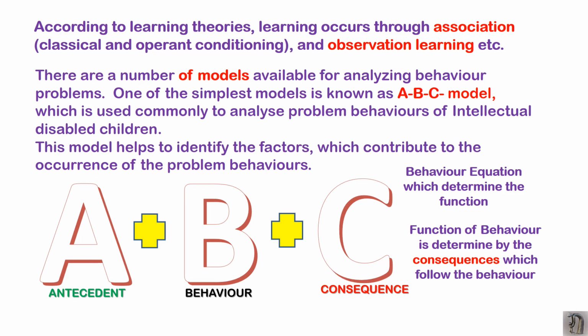That is called consequence: after the behavior, how the surroundings behave, how I behave. So everything will be determined by consequences, whether it is accepted or rejected. So you need to understand that.